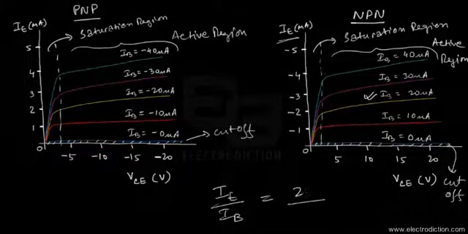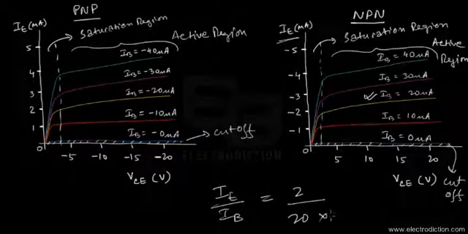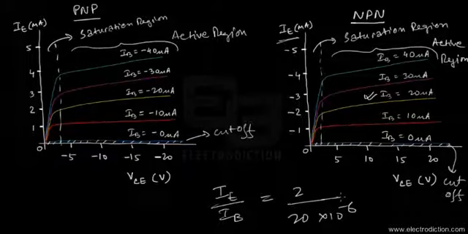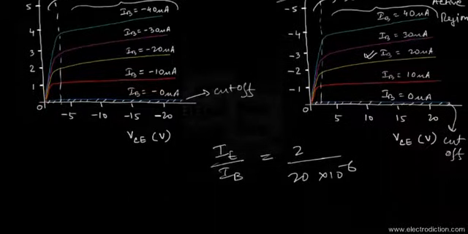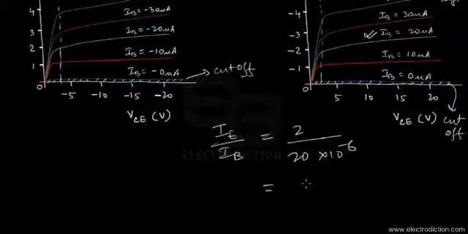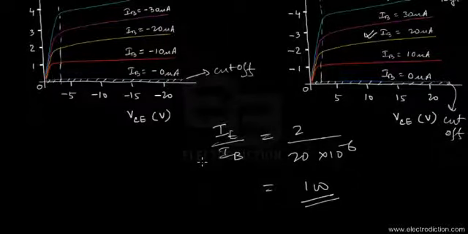that's 2 milliamps over 20 microamps, which is 10 to the power minus 6. If we calculate all this, we get about a 100 times multiplication factor when comparing the magnitudes of the base current and the emitter current.